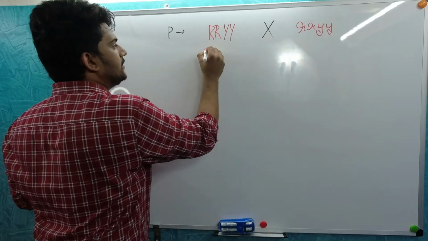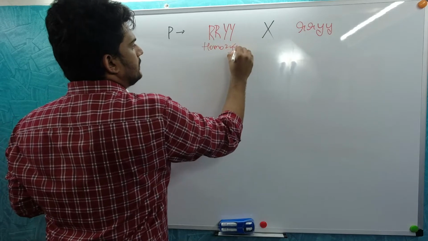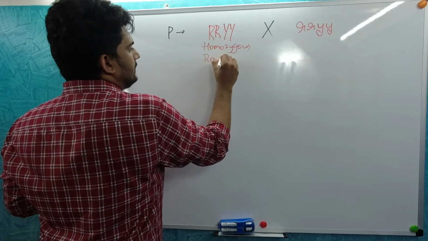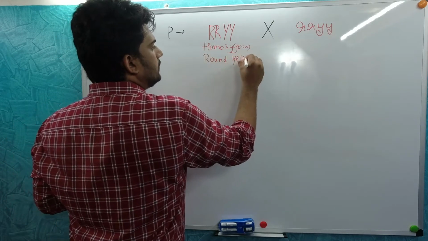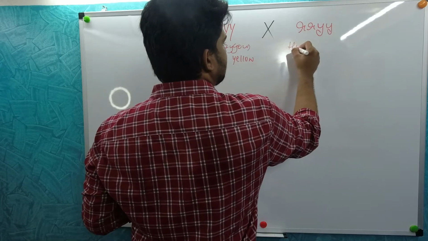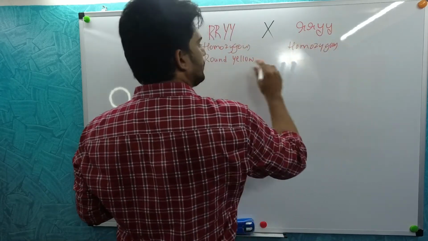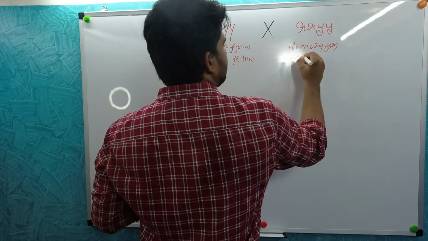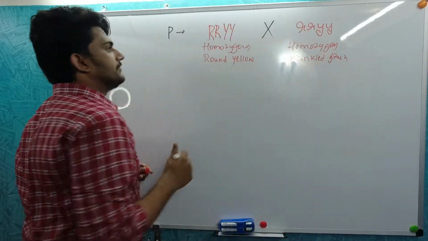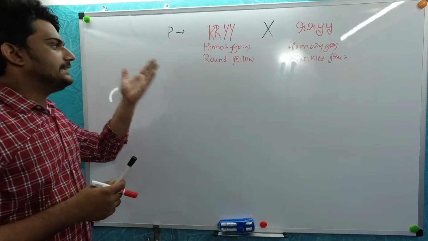This is the homozygous round yellow, and this is the homozygous wrinkled green. So two different sets of alleles, two different characters, are taken in a single plant, and now it is being crossed.